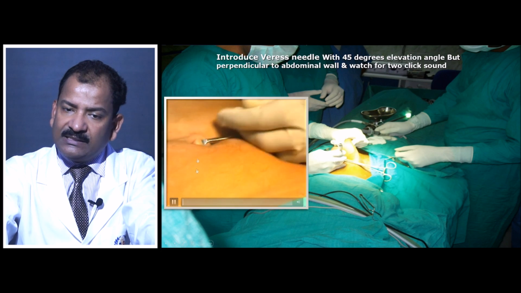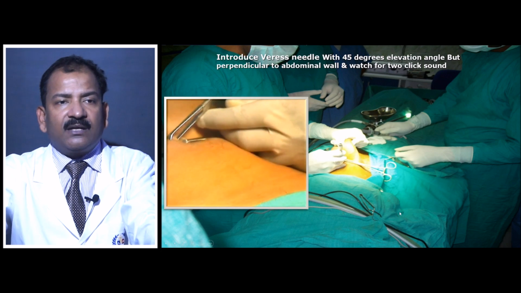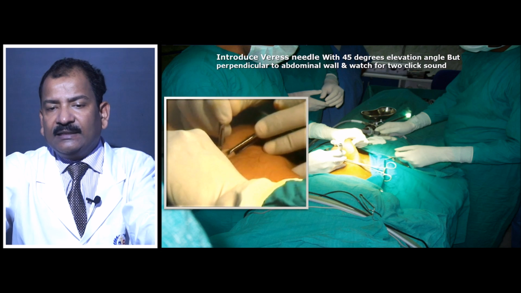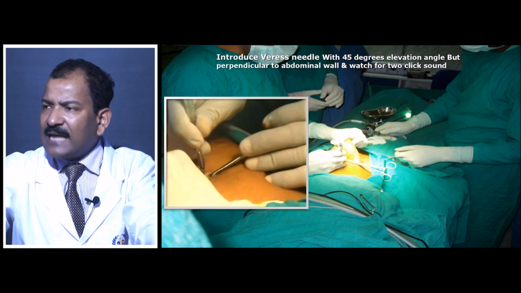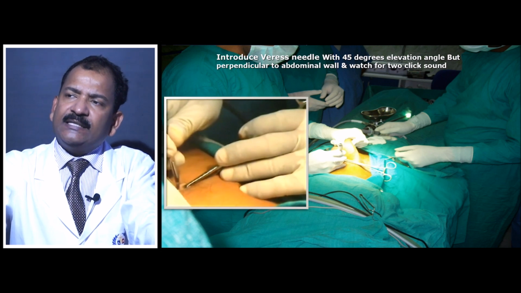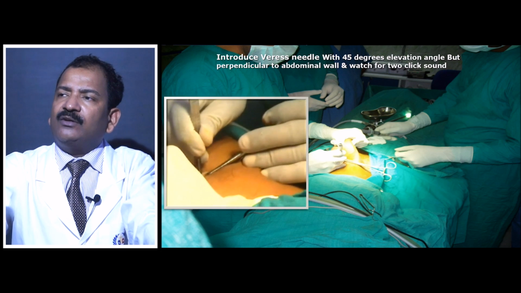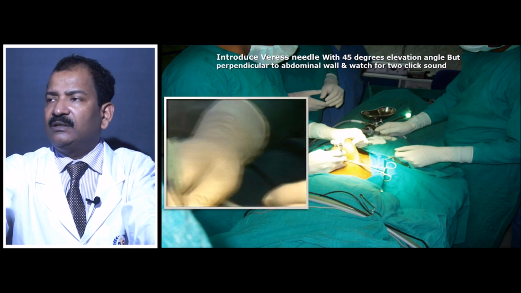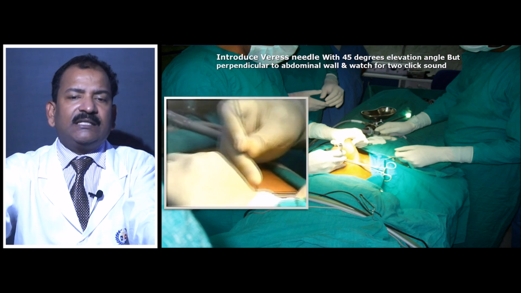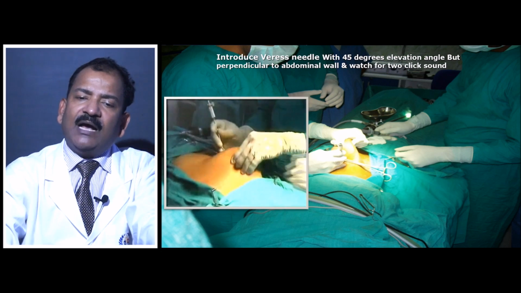So, how to do it? We can see in this video, 2 Allis forceps are applied, and then this is the knife giving the stab wound, only a 2 millimeter stab wound with a number 11 knife, do not use a number 15 knife. And then take the Veress needle, lift the abdominal wall.